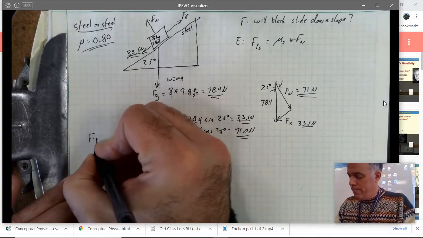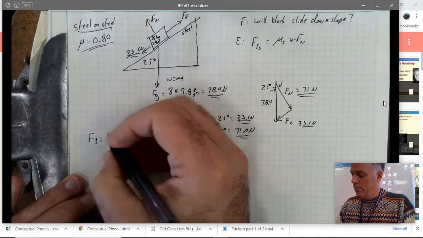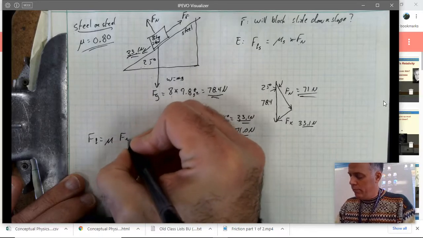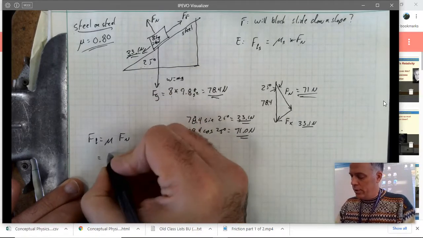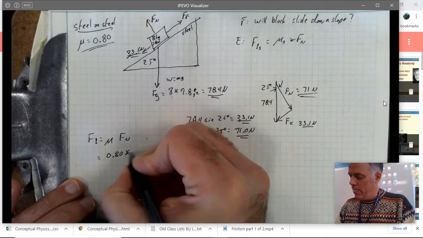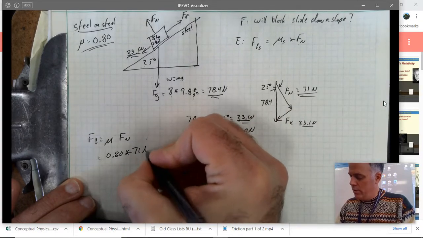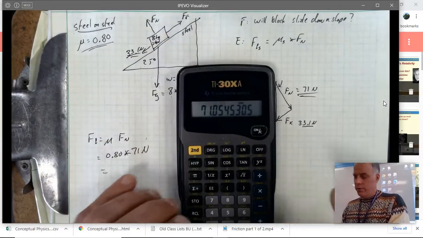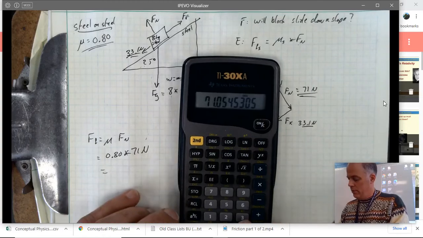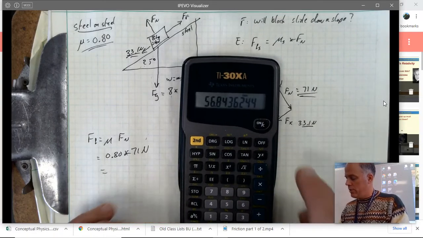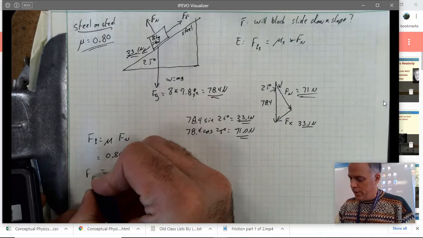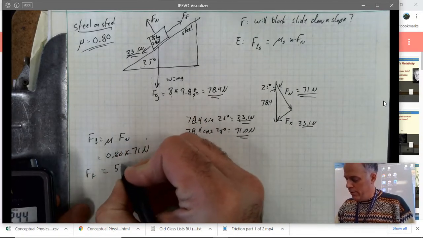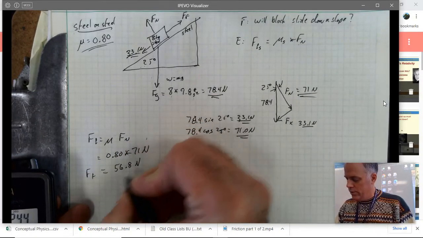Normal force we need to feed our friction equation. So force of friction is equal to mu times the normal force, which means that it is equal to 0.80 times 71 newtons. We use the same number that was there before. So the force of friction is up to 56.8 newtons, right?